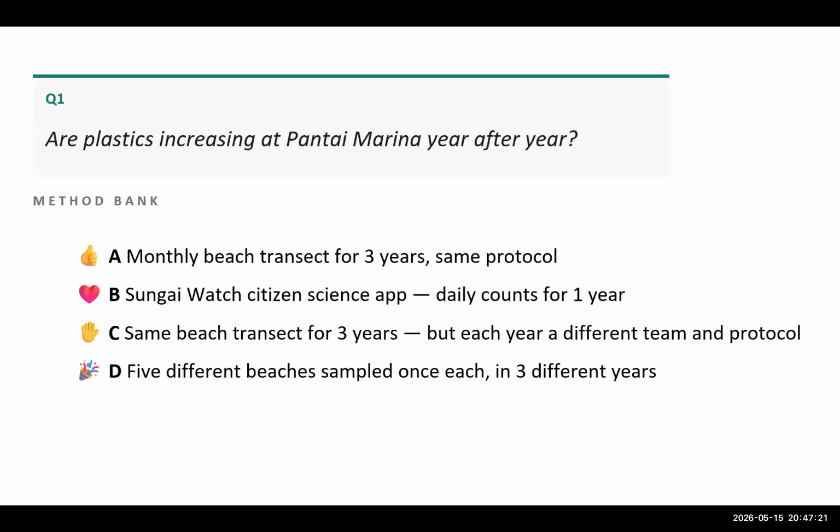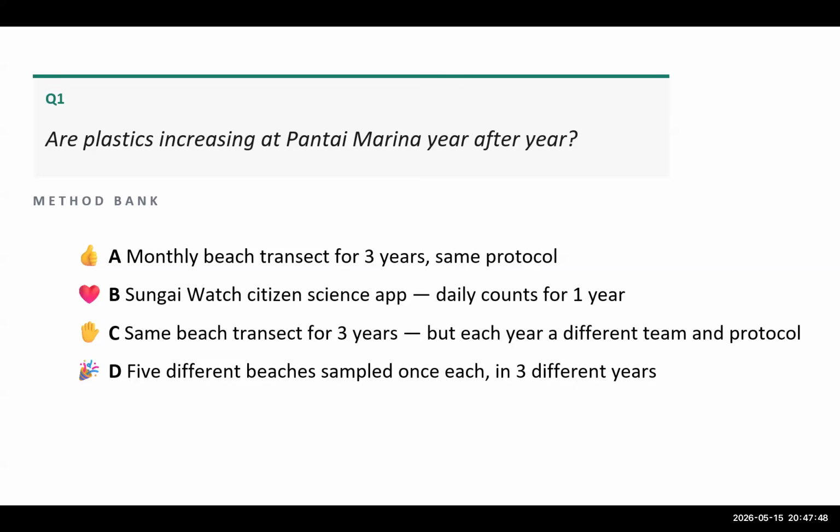For the first question, we have: are plastics increasing at Pantai Marina year after year? We have different options. Option A uses monthly beach transects for 3 years using the same protocol.